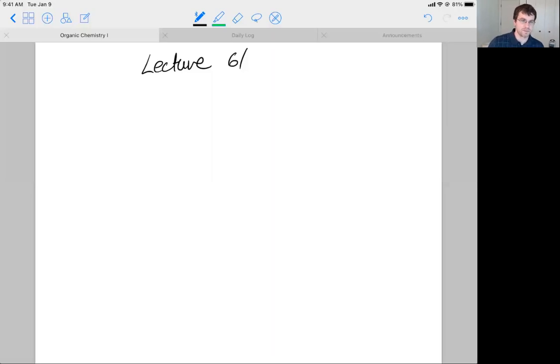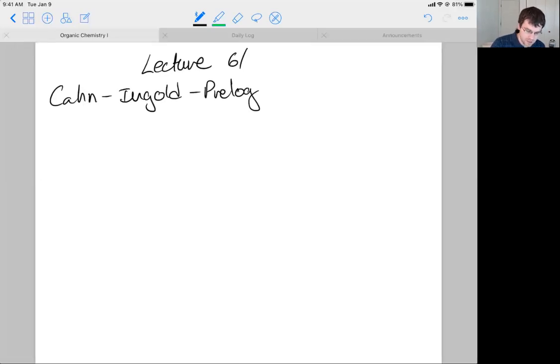So what we want to do is use the Kahn-Ingold-Prelog. It's 3 scientists. I don't know any of them. I mean, I don't know what they did beyond this. So we want to use the Kahn-Ingold-Prelog method for labeling stereocenters.